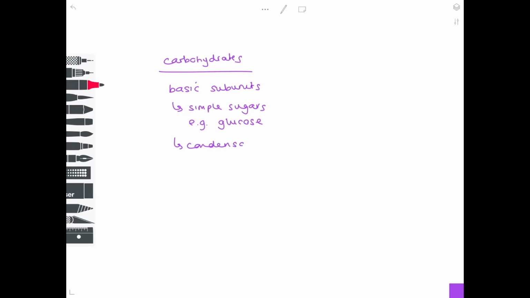So remember that simply means the loss of water, which causes the monomers to join together. Complex carbohydrates again can be broken down by hydrolysis. It involves enzymes. And again, in the digestion topic of biology, you need to know that amylase is a really key enzyme which breaks down starch.